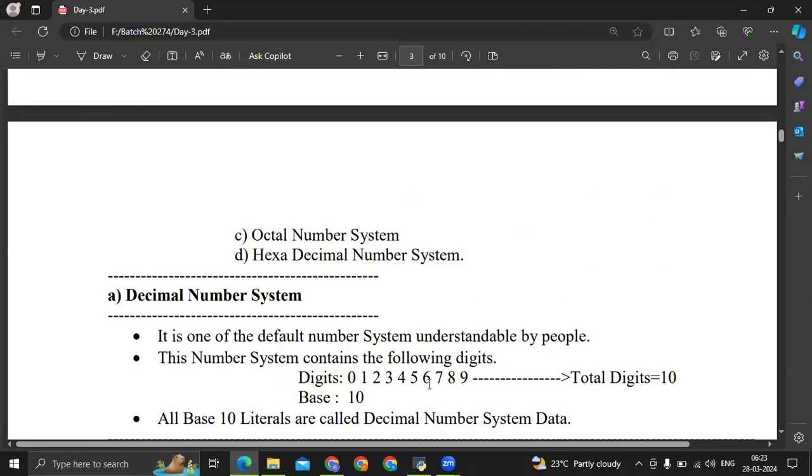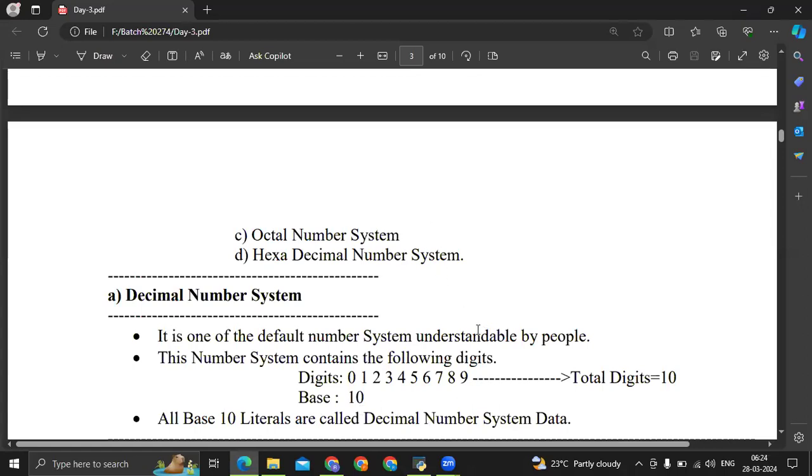This number system contains the digits 0 to 9. This is the default number system. Total digits are 10, so base is equal to 10. So all the base 10 literals are called decimal number system data. Is this clear?